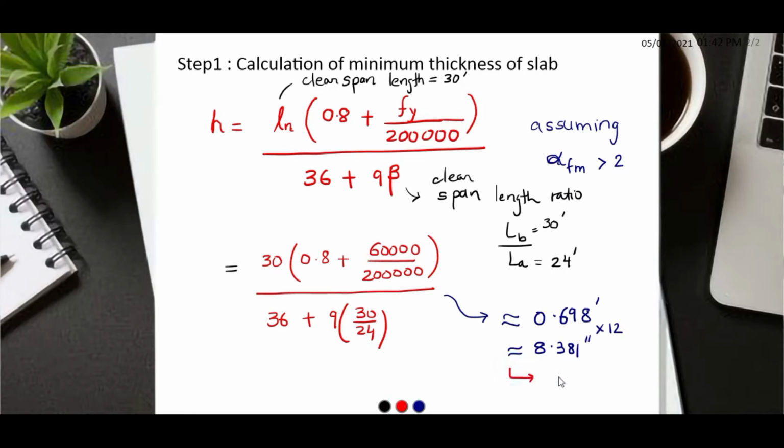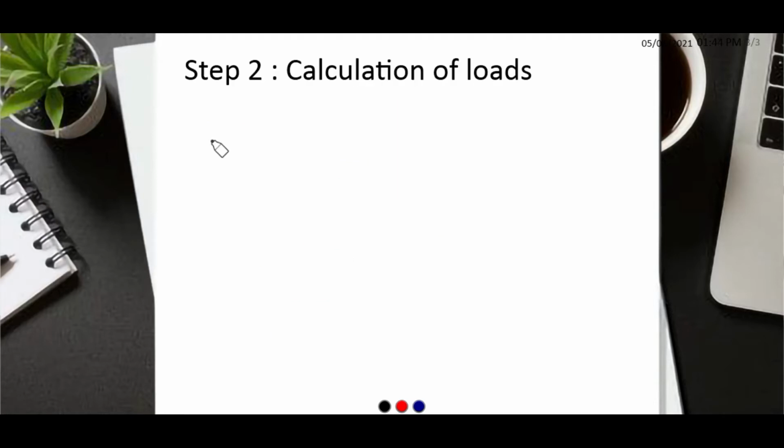So adopt 8.5 inch for better calculation purposes. Next step is the calculation of loads. So WDL, which is dead load. We have determined the thickness of slab, and we are also given the floor finish thickness and plaster thickness.